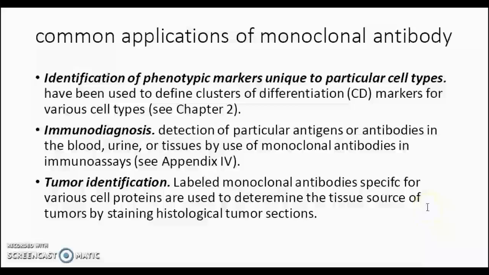And here is a common application of monoclonal antibody. One of it is identification of phenotypic marker unique to particular cell type by defining a cluster of differentiation marker, then the immunodiagnosis and tumor identification.